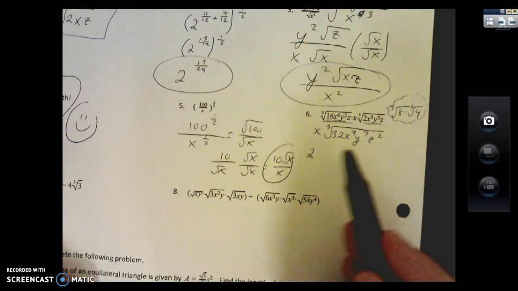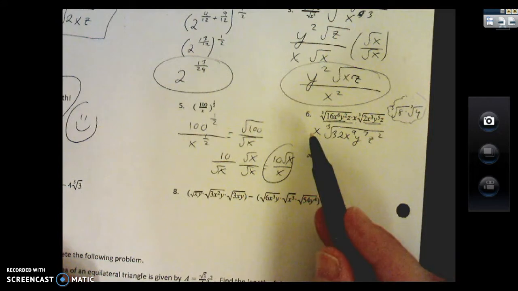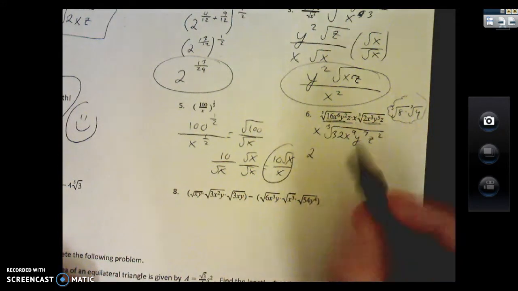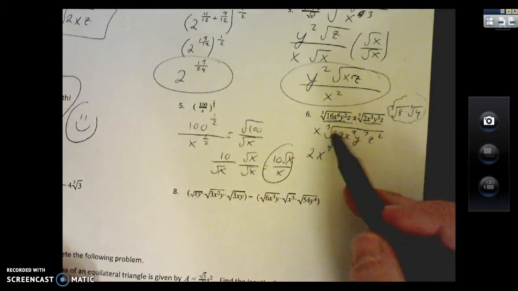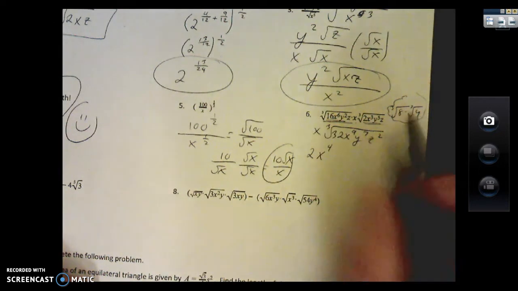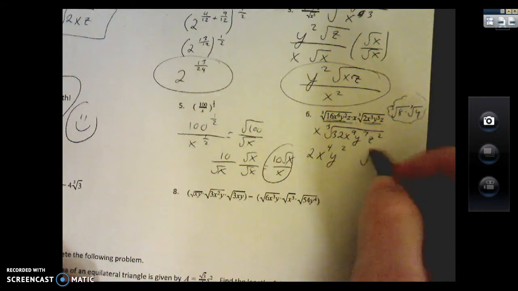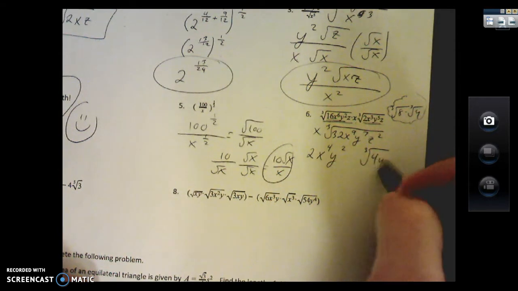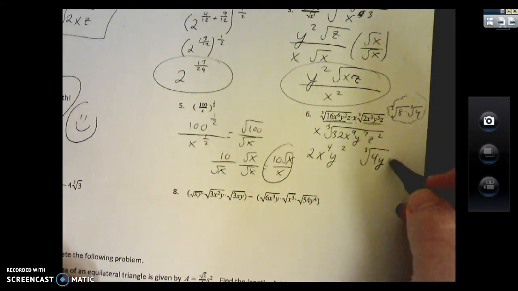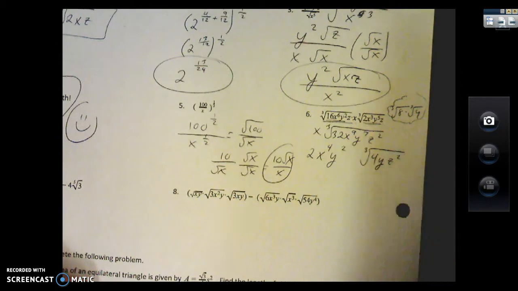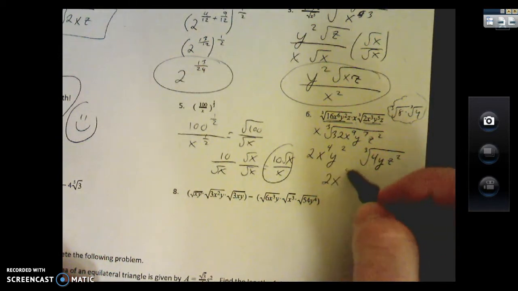So I'm pulling out an additional x to the third. But I already have an x out here. What's x to the third times x? x to the fourth. How many times can 3 go into 7? Twice, with a remainder. So I still have the 4 underneath here, and the y. How many times can 3 go into 2? None. So z squared stays underneath there. That's it. Okay, I'm going to rewrite this because that looks terrible with that space in there.